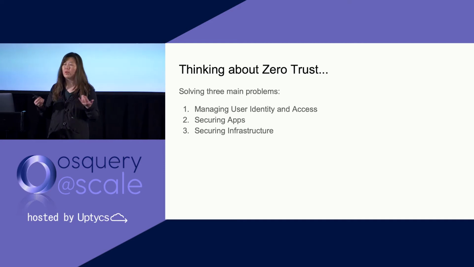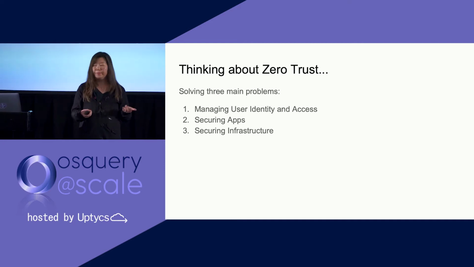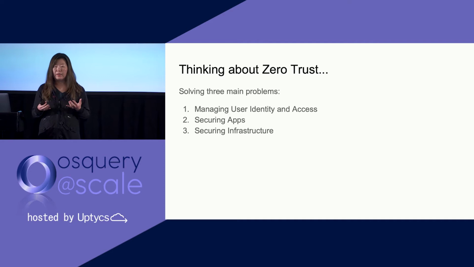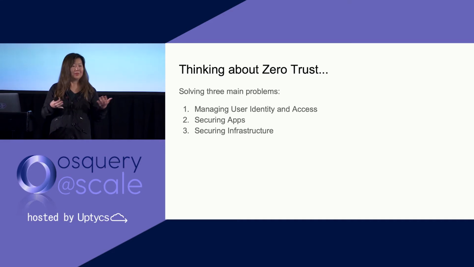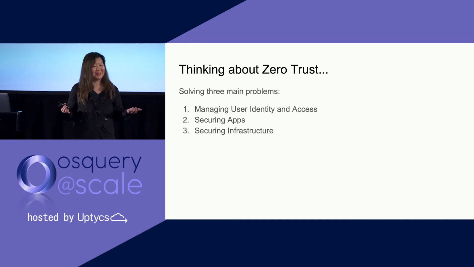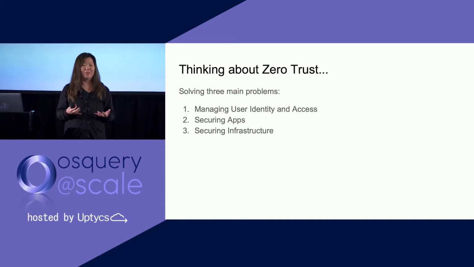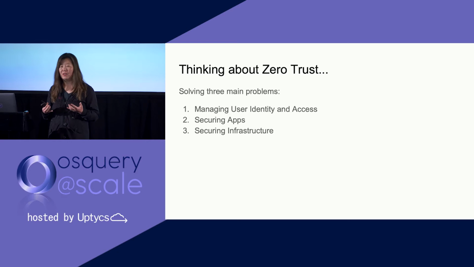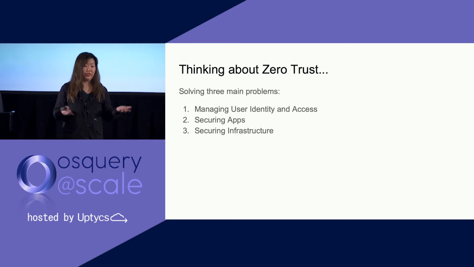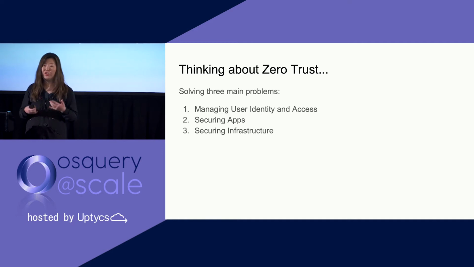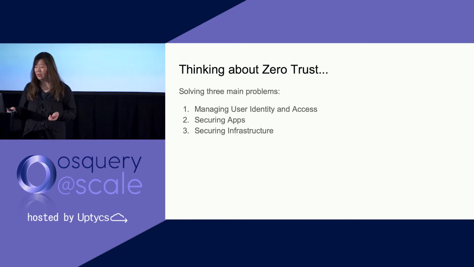Because we never know where people are going to be connecting from. The other thing is GitLab is all about apps, if nothing else, right? So securing those apps is a major consideration as well. And then the third thing, of course, is securing infrastructure, GitLab.com, of which there are millions of users.